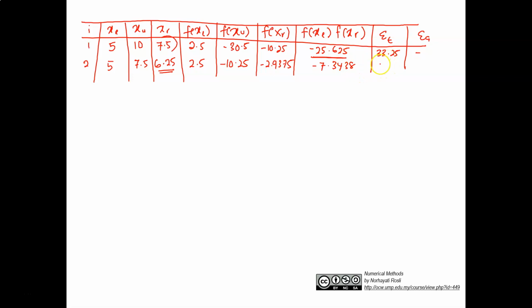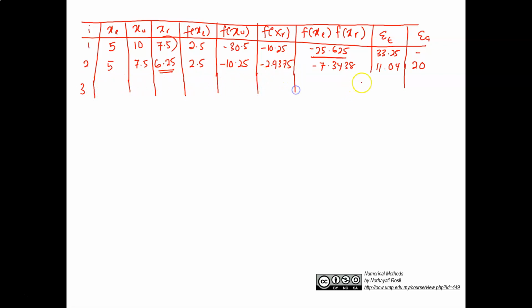And then we will compute error. Previously we got 10.04 for epsilon t, and epsilon a it is 20%. And then class, we go to third iteration because the question asks us to do up to third iteration.